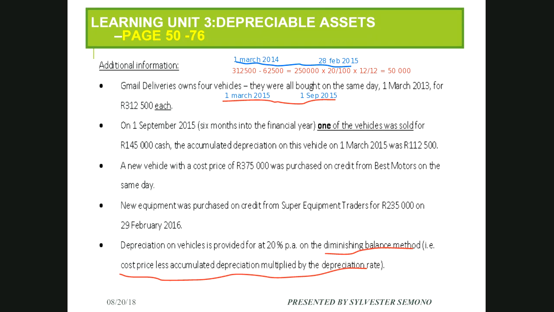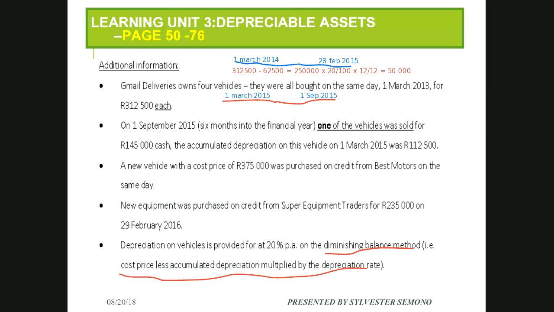And now, please give me the carrying value first. Just minus first, or you should have done it directly, doesn't matter. 312,500 minus 112,500, how much? 312,500 minus, is it 200,000? Thank you very much. Did you get that 200,000, guys? Yes.